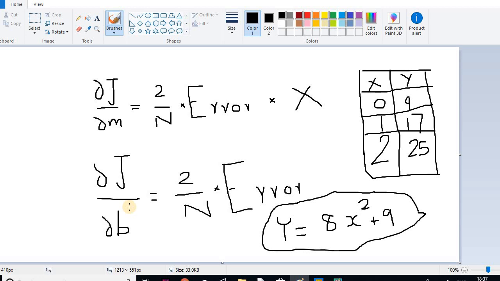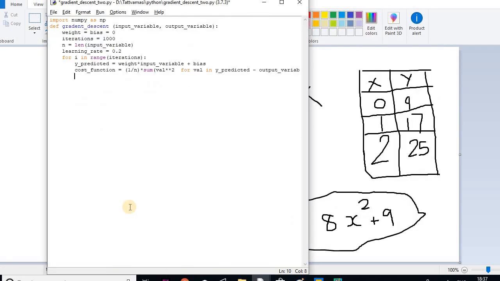This is what we are going to write programmatically. So dou J by dou m is the derivative of the weight, so we are writing it as weight_derivative. Derivative means when you differentiate, the output you get is the derivative.